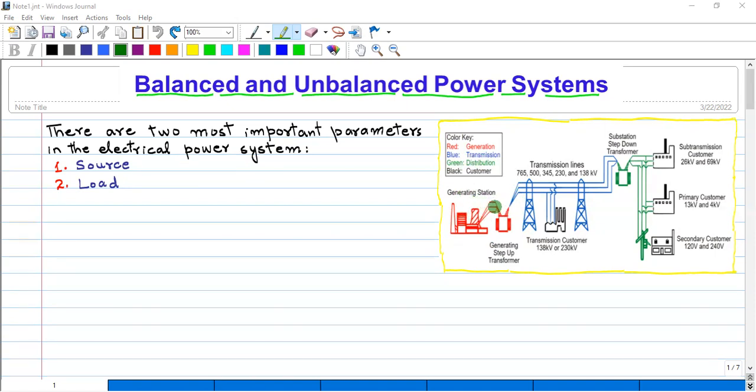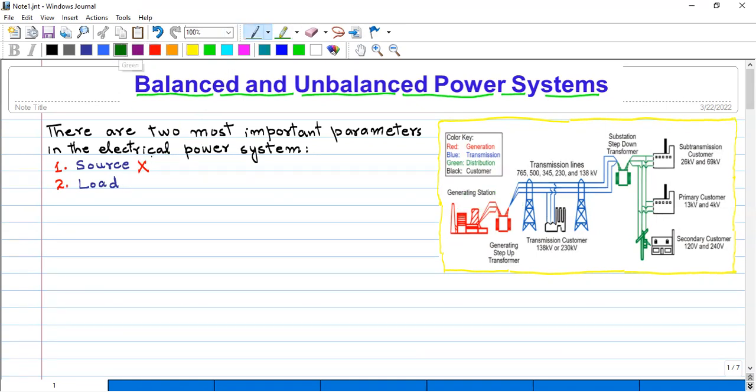So the source does not decide whether a system is balanced or unbalanced. It is the load which decides whether the system is balanced or unbalanced.